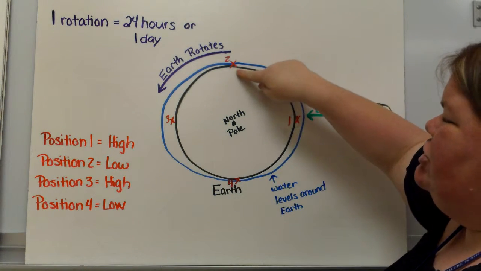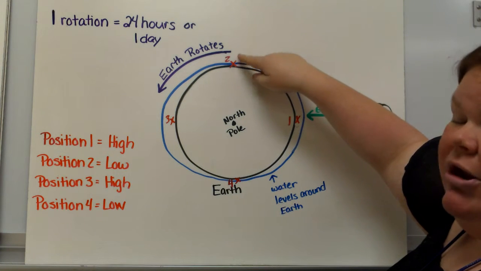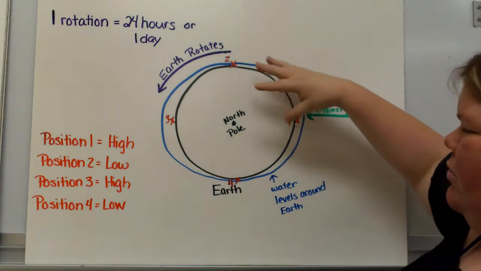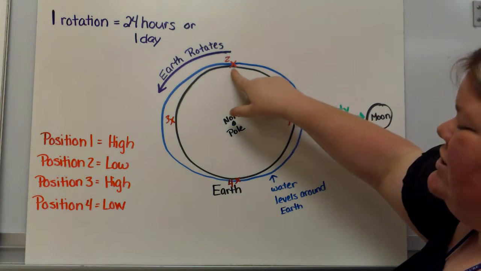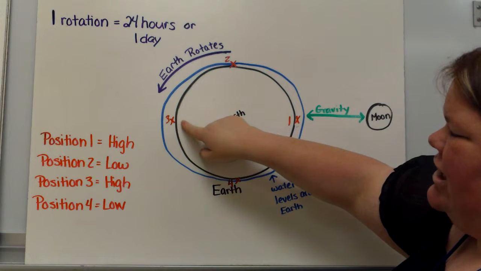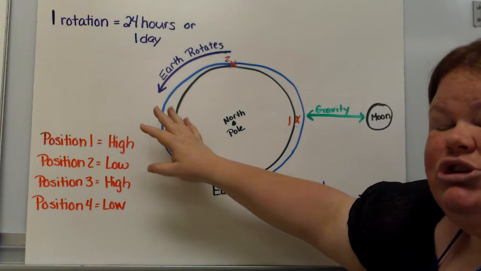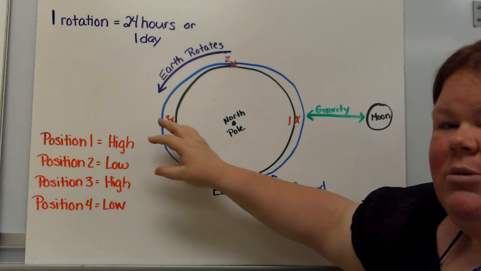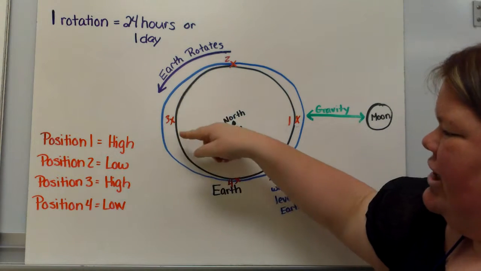If you're in position 2, this is where there's not a whole lot of water bulge because all the water's being pulled towards the moon. So this would be what's considered low tide. On the far side, in position 3, it's farthest away from the moon, so you're not getting a lot of gravity from the moon, so you don't have that pull, so it gets to bubble out or bulge out.